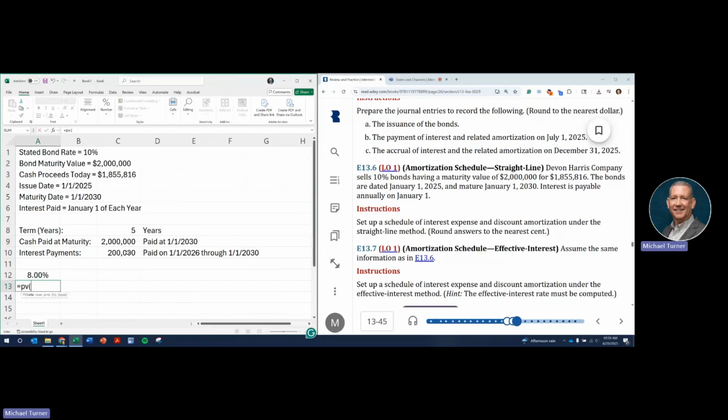So the present value, the rate. PV is the formula in Excel. The rate is 8%. The number, how many periods are we talking about? What we're going to do first is back up the $2 million that we know is a cash flow 5 years from now. So we're going to back that up to the present value today, for 5 periods.